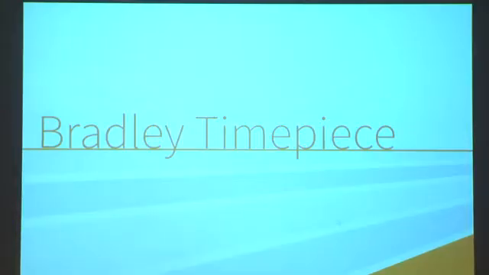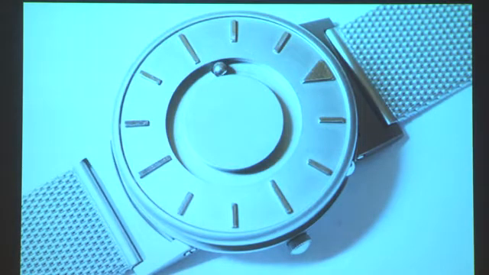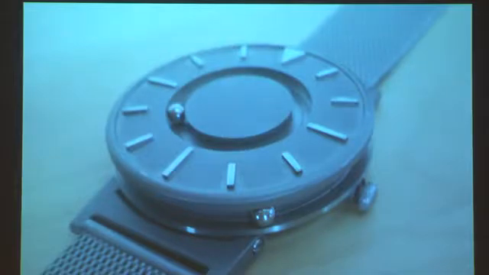The kind of design that I want you thinking about throughout the rest of this can be exemplified by the Bradley timepiece, which is this. I'm calling it a timepiece and not a watch because a watch implies that you have to look at it to tell what time it is. This was designed for the blind and very cleverly designed. The face is raised and completely tactile.